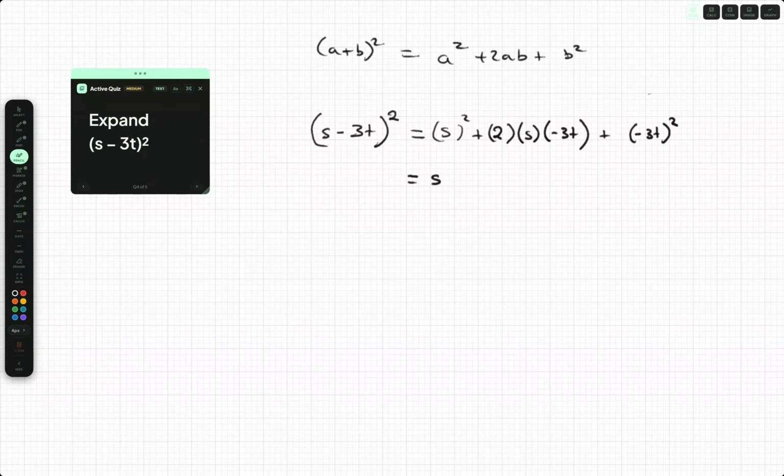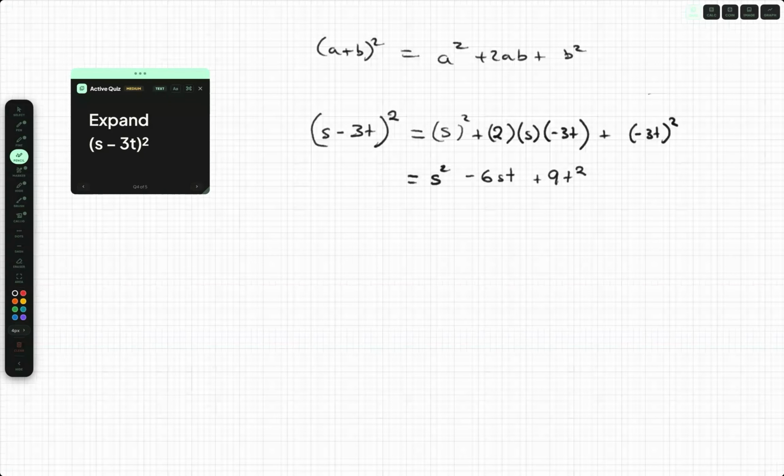So s squared is just s to the power of 2. 2 groups of negative 3 is negative 6. Then we add the s and the t on. And then negative 3t squared is a negative times a negative, so it's going to be a positive. Negative 3 times negative 3 is positive 9, and then we just square the pronumeral. So we end up with s squared minus 6st plus 9t squared.